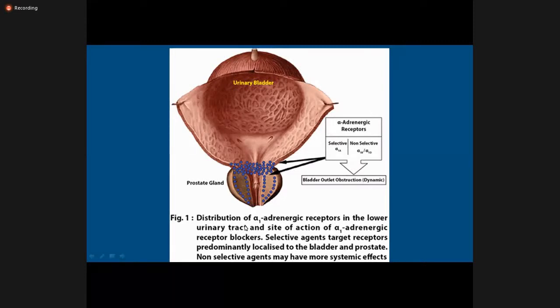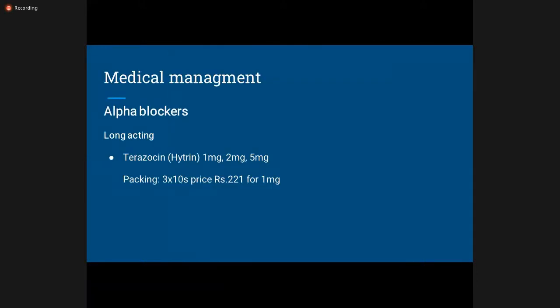Distribution of alpha 1 adrenergic receptors in the lower urinary tract and site of action of alpha 1 adrenergic receptor blockers. Selective agents target receptors predominantly localized to the bladder and prostate. Non-selective agents may have more side effects. Medical management will continue.